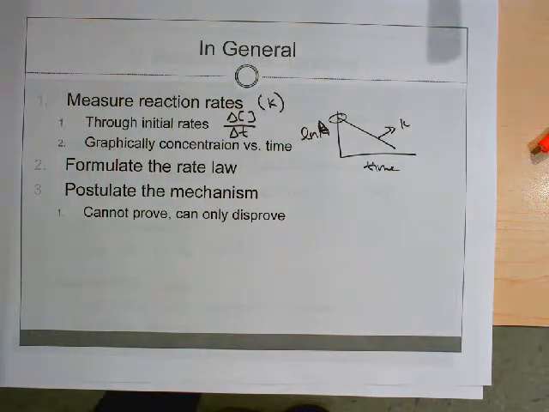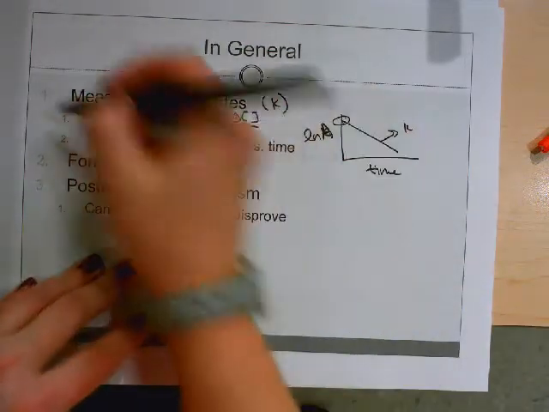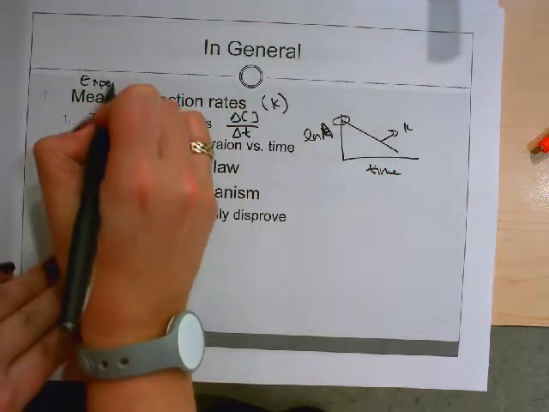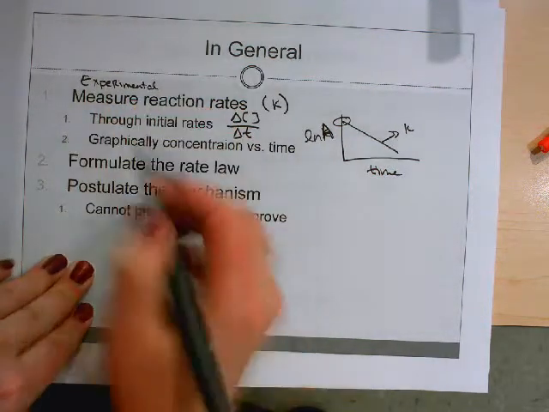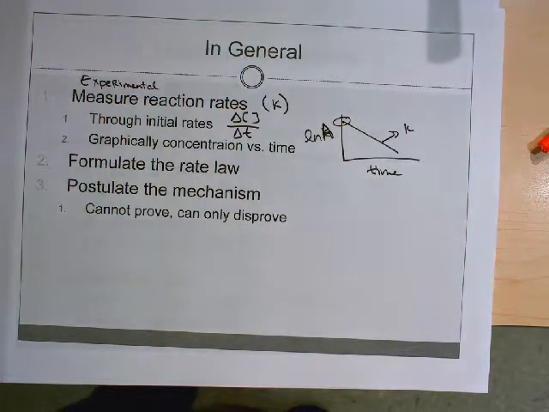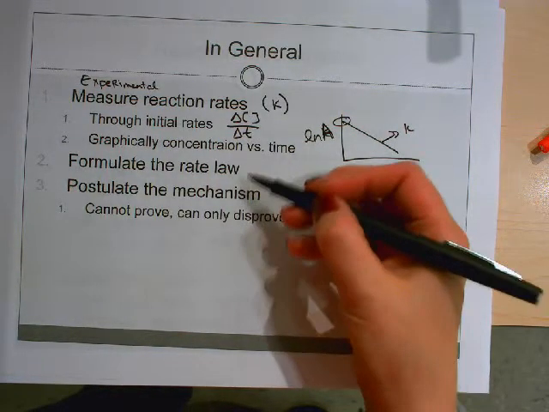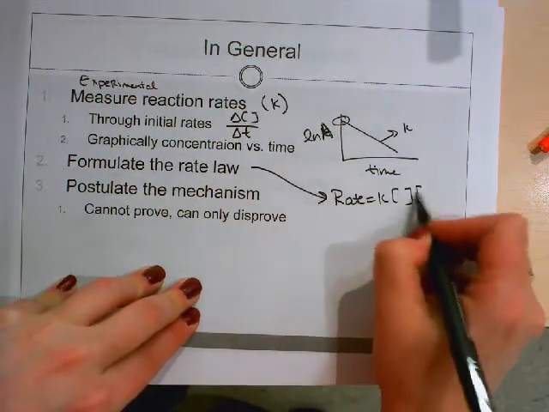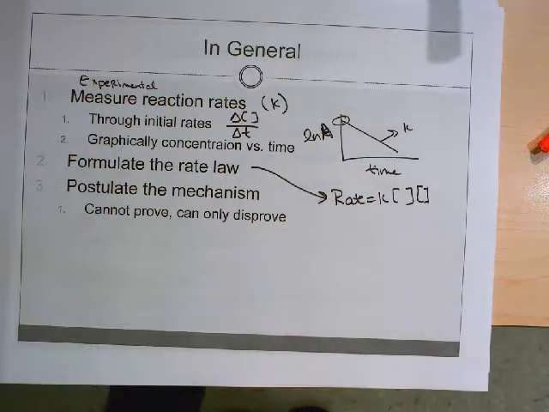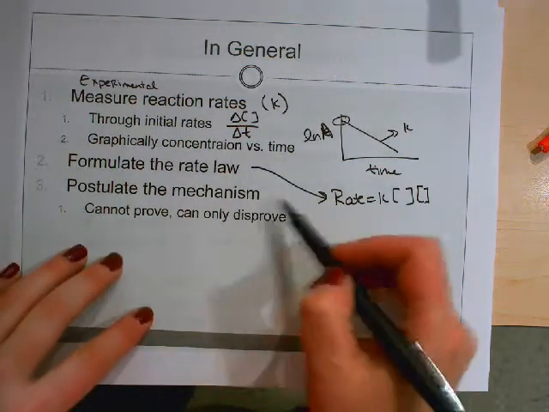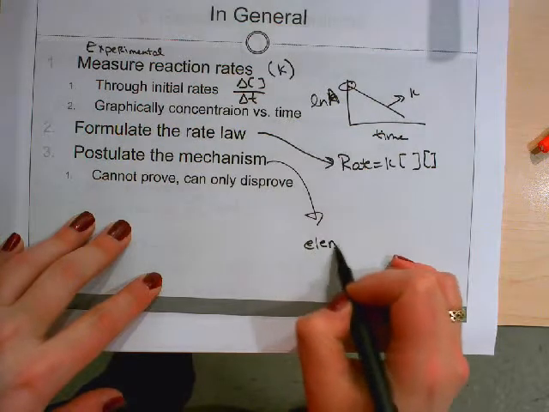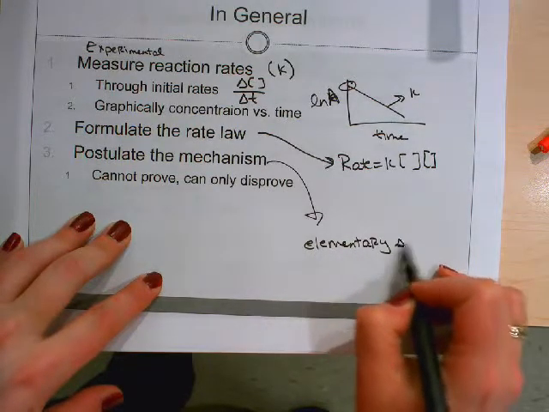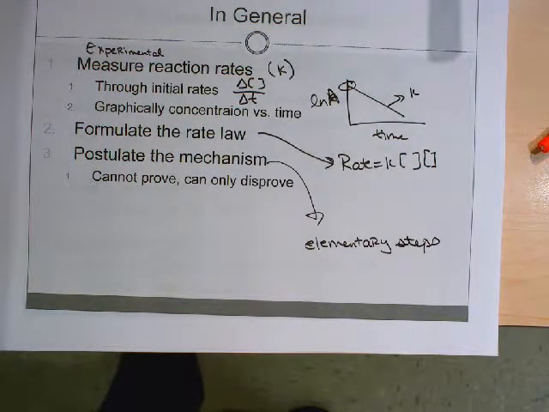So I can figure out reaction rates either one of those 2 ways. Once I've done this, that's the experimental part of it. Once you've done the experiment, you're going to postulate, or formulate, a rate law, whatever it is. And then based on your rate law, you can make some guesses as to what the elementary steps are that are involved.